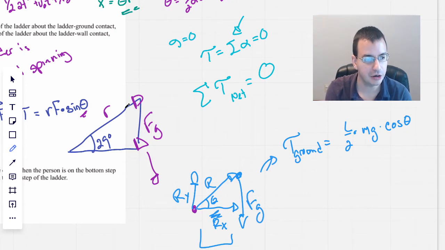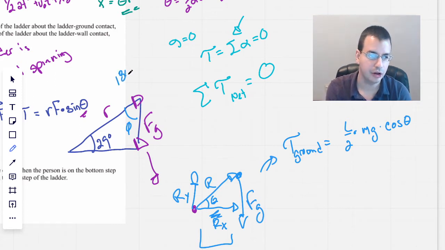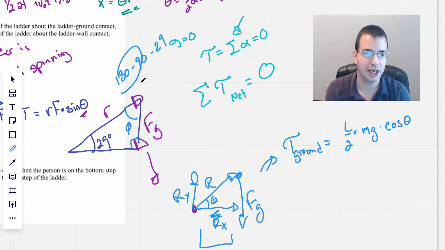And if you look over here, when I talked about, well, we want to use this angle over here, the way you'd find that angle is you do 180, which is the sum of all the angles of the triangle, minus 90, because you have a right angle here, and then you subtract off the 29. Well, 180 minus 90 is just 90, so you have 90 minus 29.